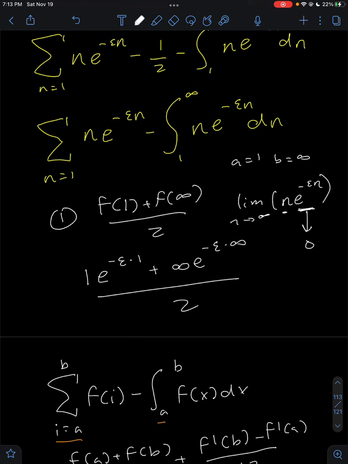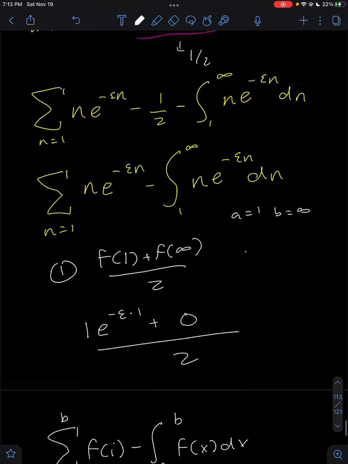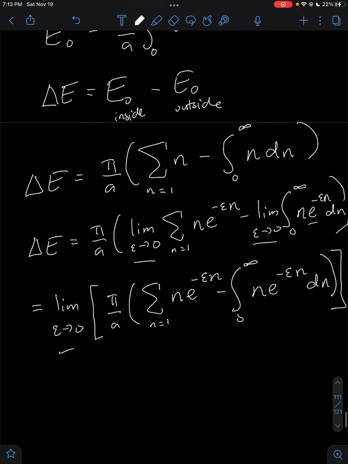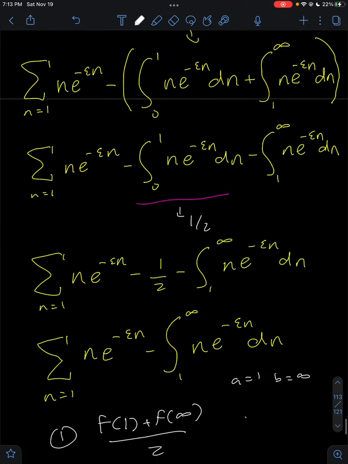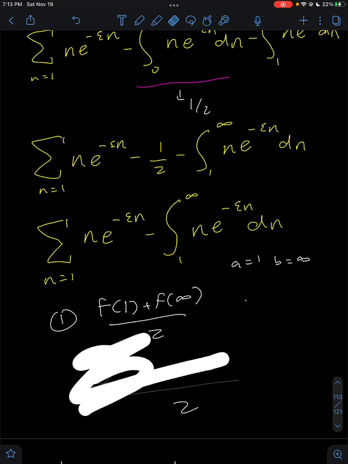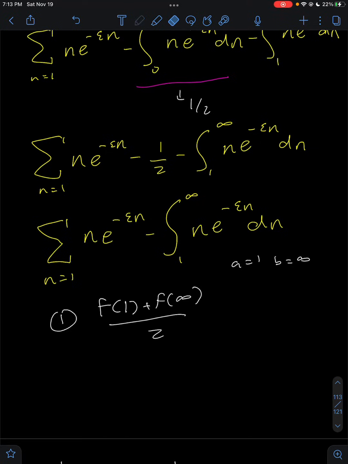So this term is just going to be 0. And when we take the limit as epsilon approaches 0, the other term becomes 1. So for our first term, we just have 1/2.